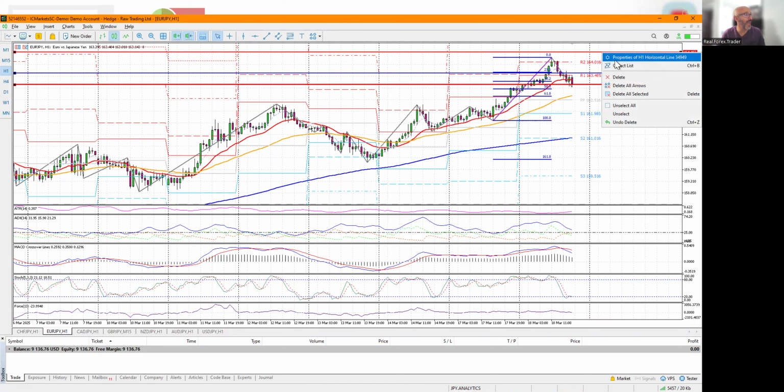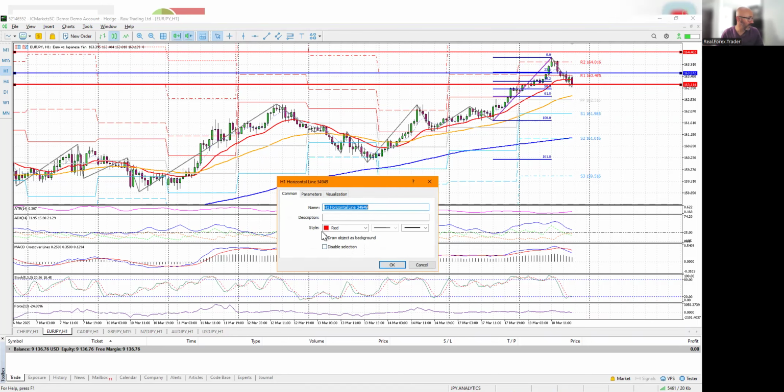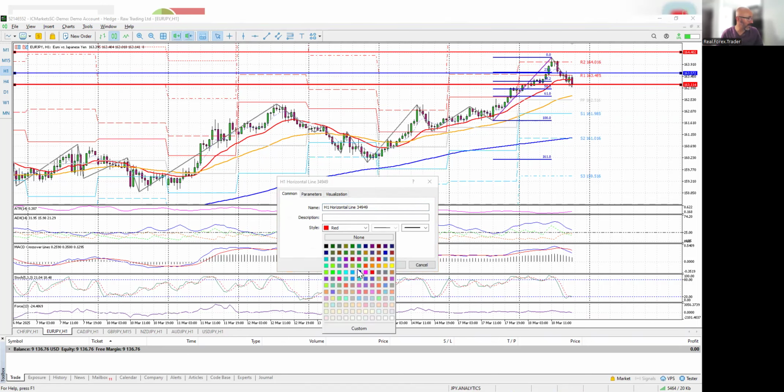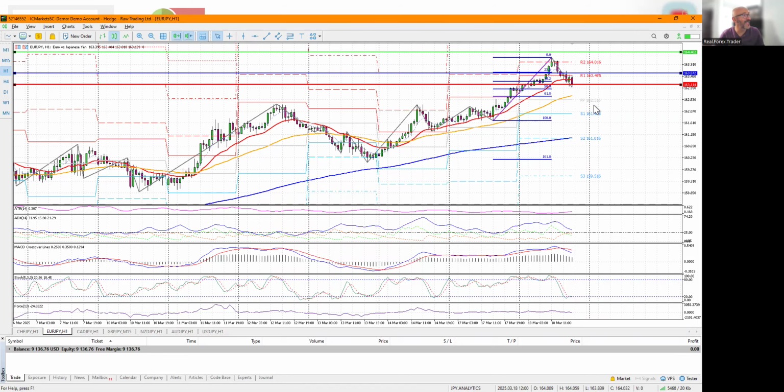Let's set it there. That is my potential take profit. That's where I would set my buy stop. So it's a decision: I just have to be patient and wait for the price to retrace as much as possible and come back here to my entry point. That is the first scenario.